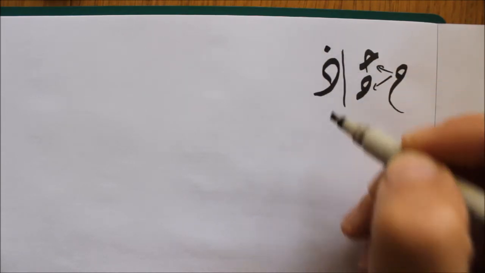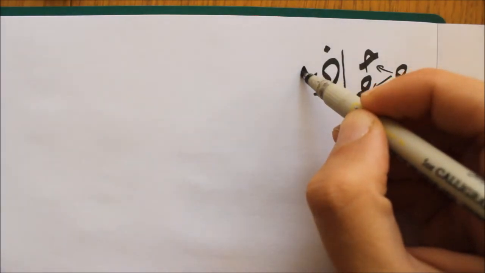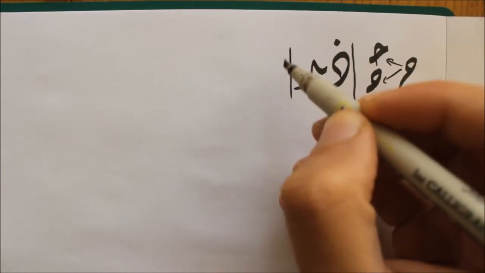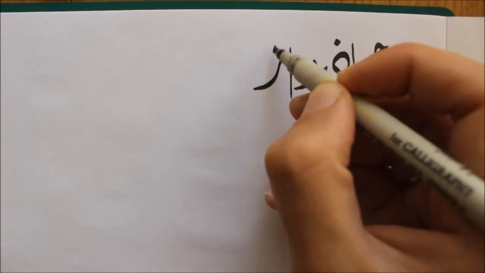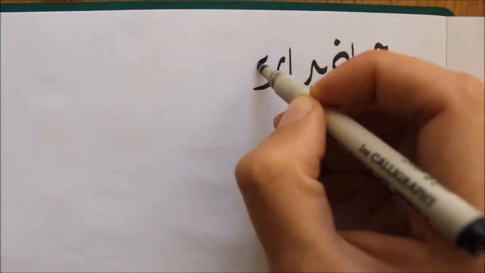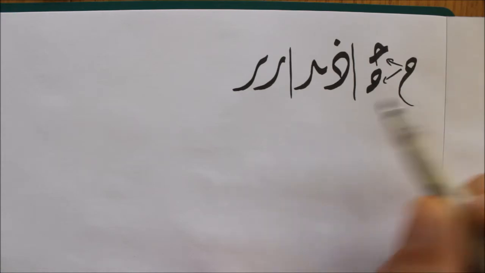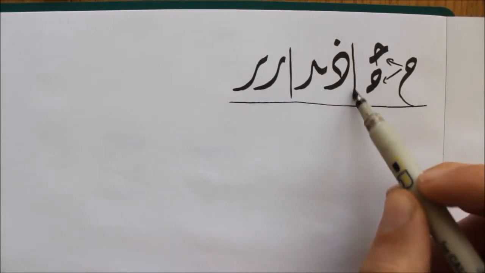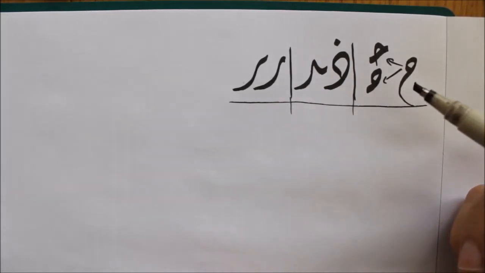They look quite different than normal scripts and how it looks like when it comes connected. Then we will look into the Ra and Zain, of course, including the connected shape.